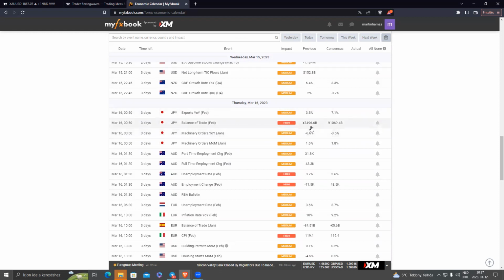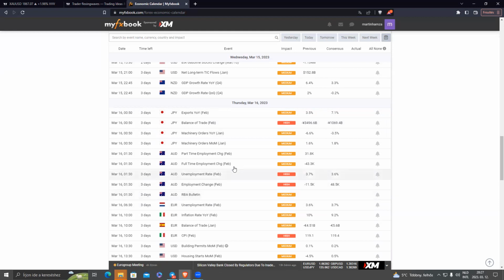The balance of trade. I wouldn't consider this as a big move because the previous balance of trade was bad actually. But keep an eye on it, okay? Because there's a big difference between the two numbers, and that's never a bad sign actually, because if the difference is high, the chart can move bigger in my opinion.